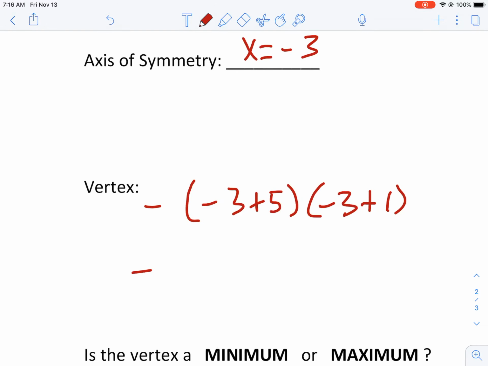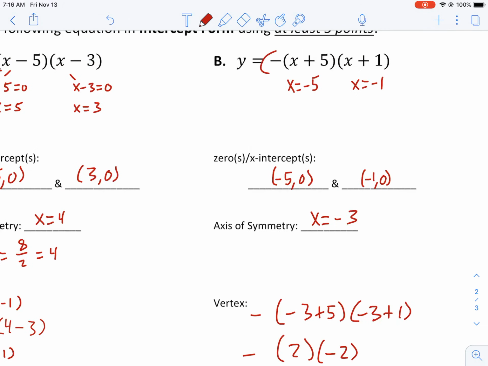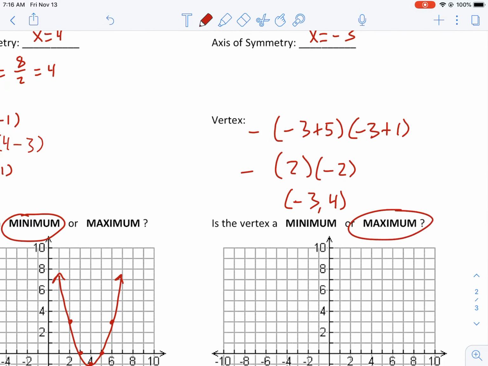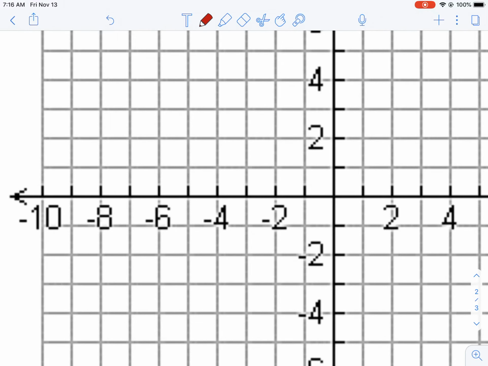Remember, you got that negative sign out in front. This is 2, that's -2. So 2 times -2 is -4, but there's another negative, so we've got 4. So for the vertex, you should have got -3, 4. Again, there's a negative out in front, which means our graph is going down, which means it's going to be a maximum.